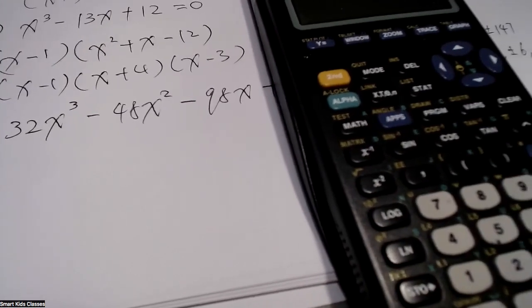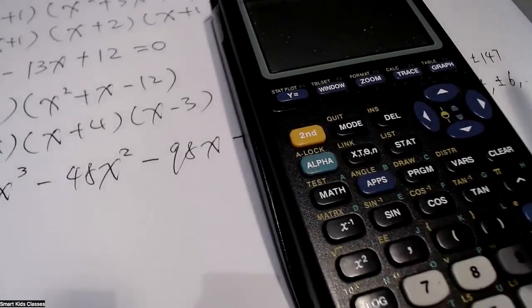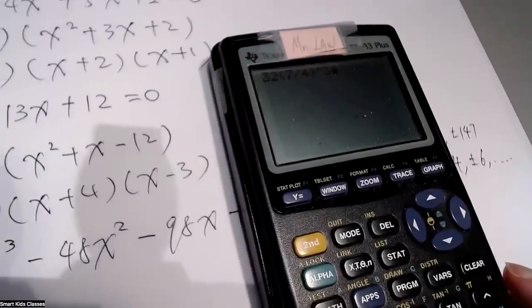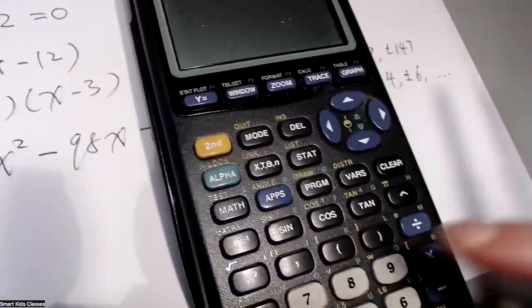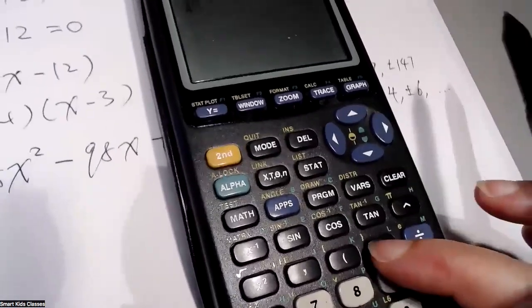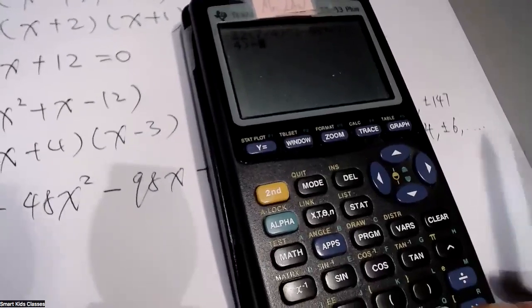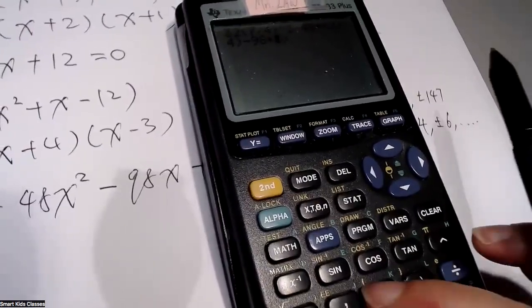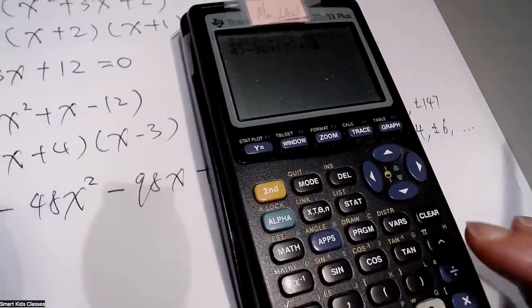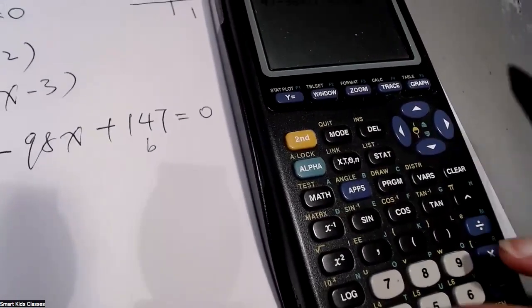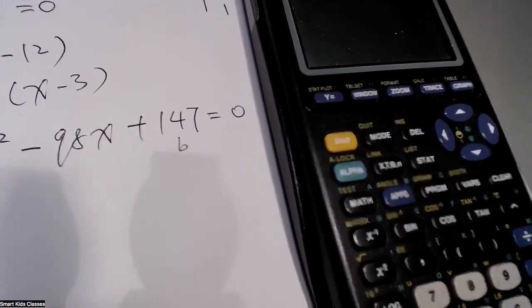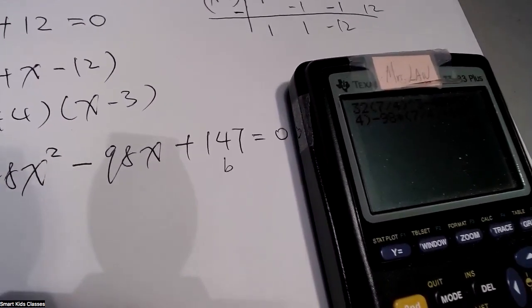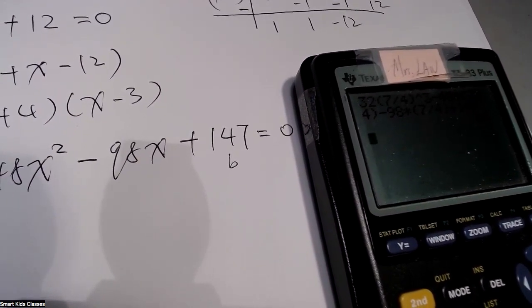So 7 over 4, we got 32 times 7 divided by 4 exponent 3, so we key in, and then minus 48 times bracket 7 over 4, and then minus 98 times 7 over 4, and the last part is plus 147. Hope it works. It doesn't work, it's 63.